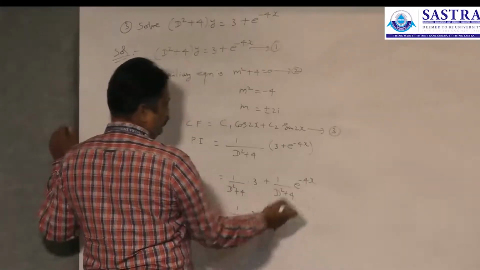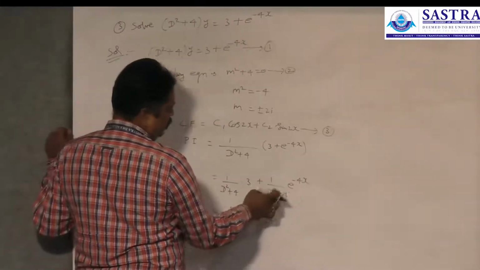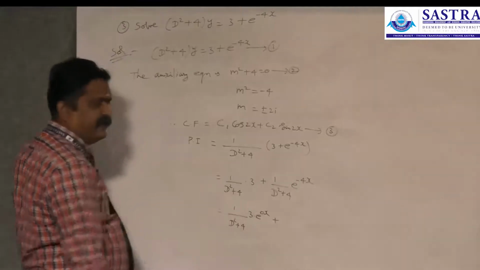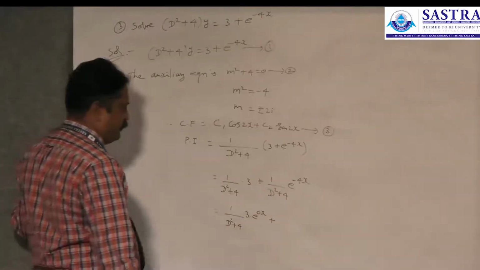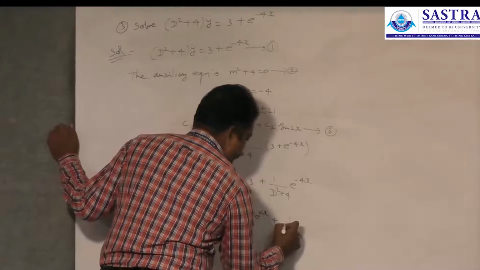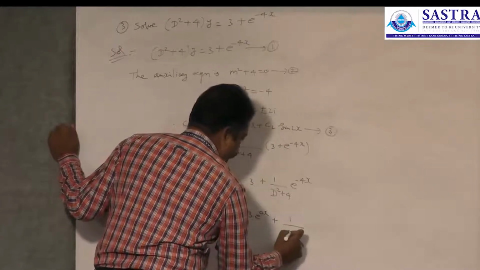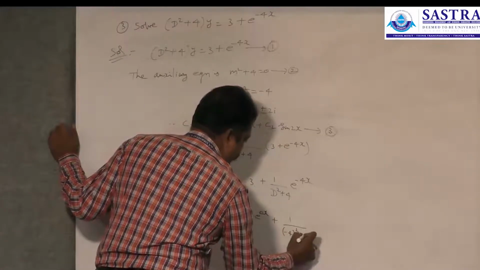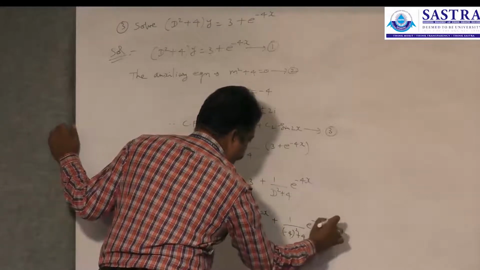Now let us substitute D is equal to a. Here what is a? a is equal to minus 4. So if you do that, you will be getting 1 divided by minus 4 the whole square plus 4, e power minus 4x.